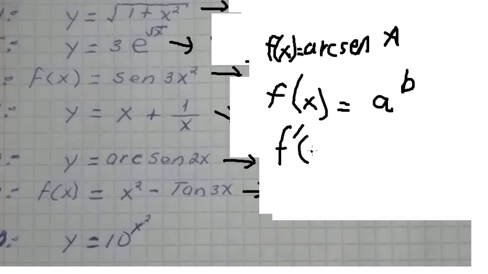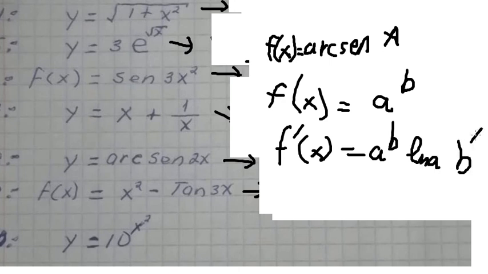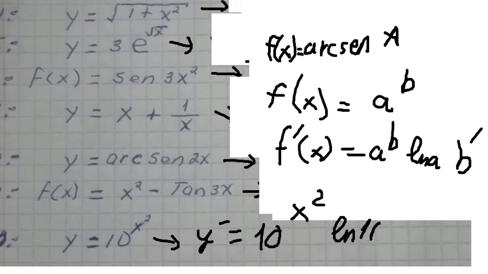If we do the first derivative in here, you get a to the power of b, ln a, and we continue to do the first derivative of b. So the last one in here should be like this. The first derivative of s squared, you get 2s. And that's the final answer.